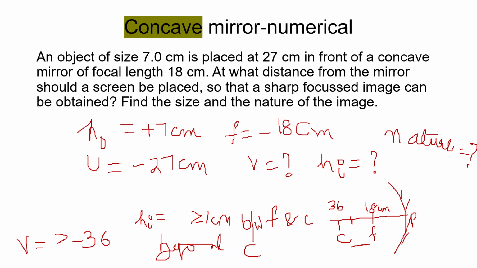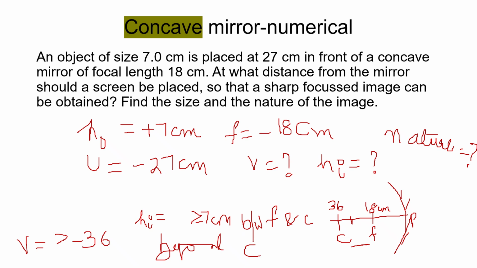Again, I am explaining to you. An object of size 7 centimeter, that is HO is plus 7 centimeter, is placed at 27 centimeter in front of a concave mirror. While reading the numerical, you have to be very, very careful which type is asked, whether concave or convex, and whether mirror or lens is asked.